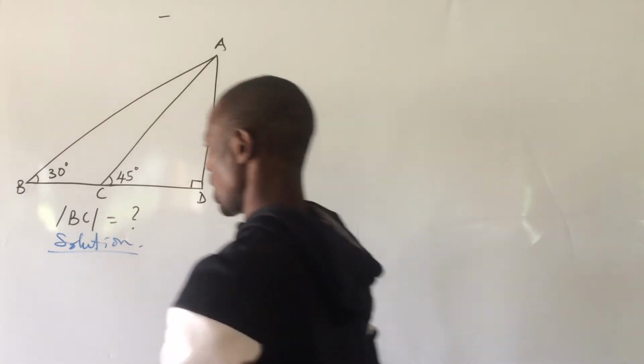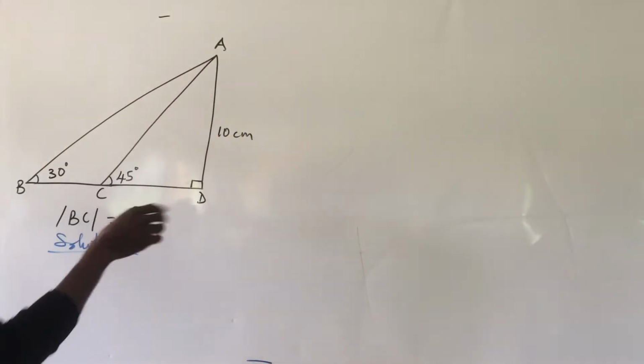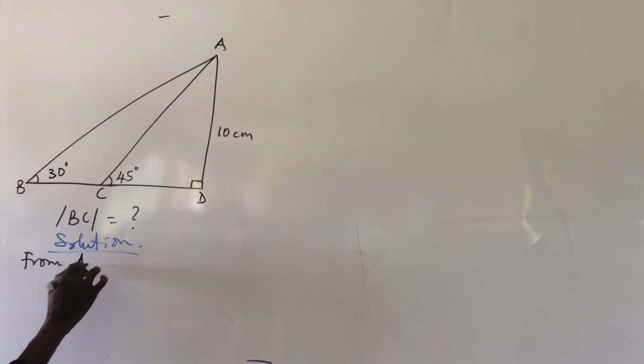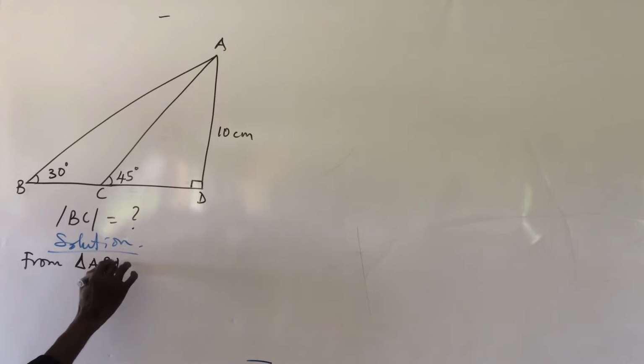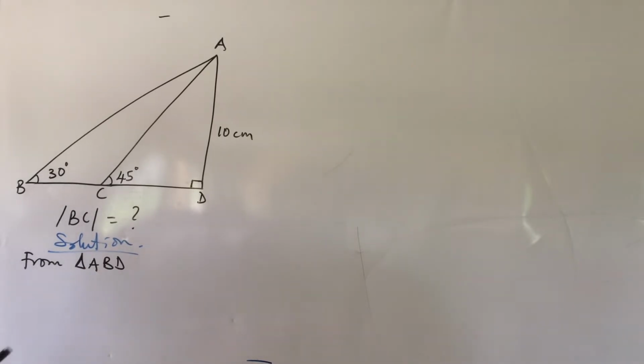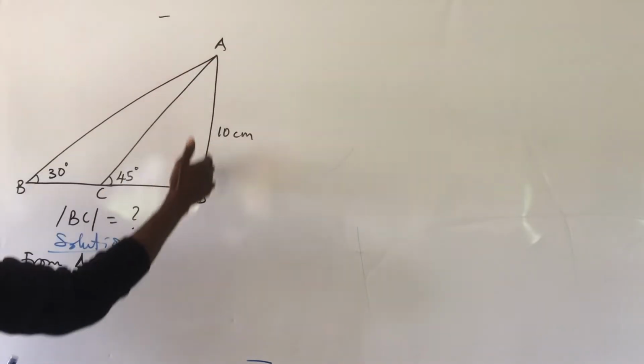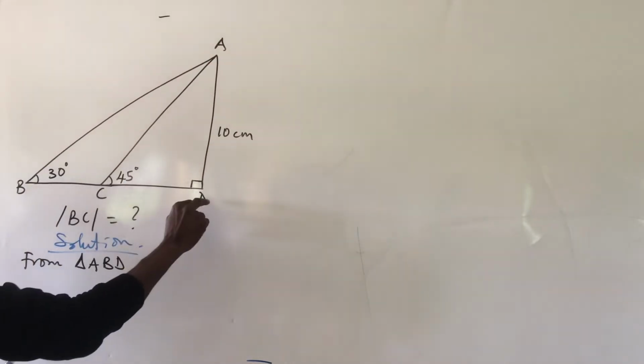From triangle ABD, this is our hypotenuse, this is our opposite, and this is our adjacent.